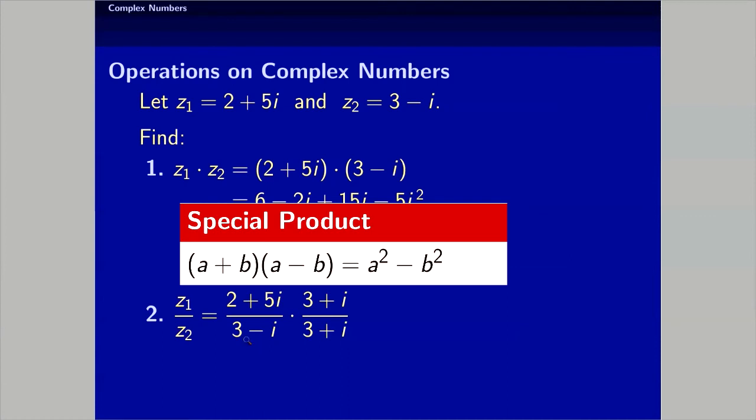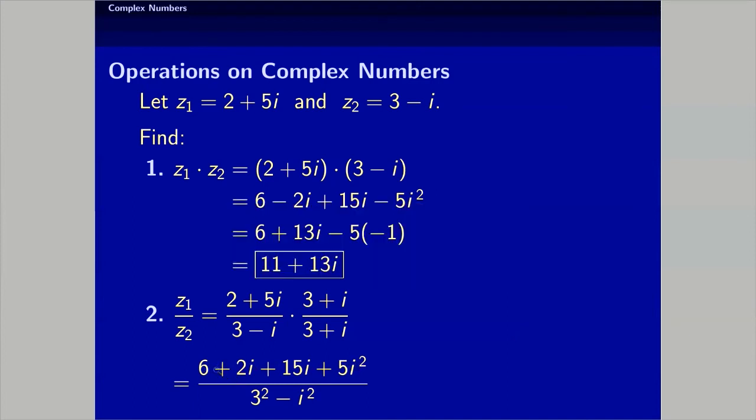So, doing the FOIL in the numerator and applying the special product, making it a difference of two squares, we are going to have this one. This is what I mean by difference of two squares: 3 squared minus I squared. And then you may want to double check the FOIL method in the numerator.